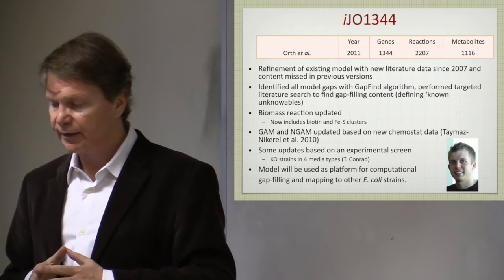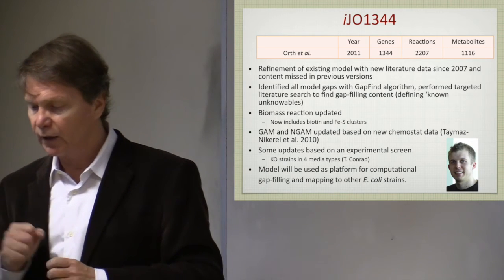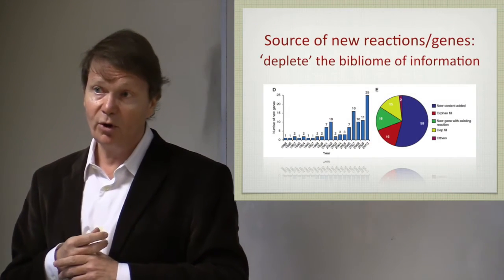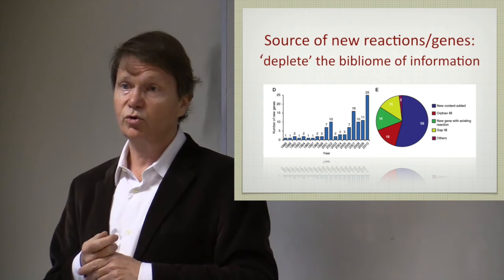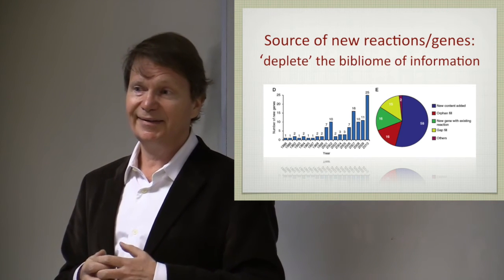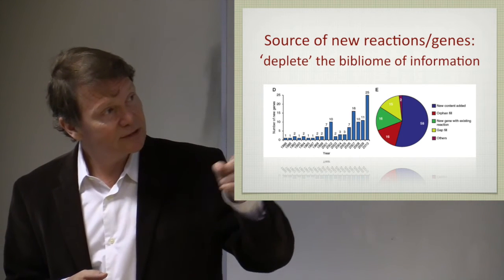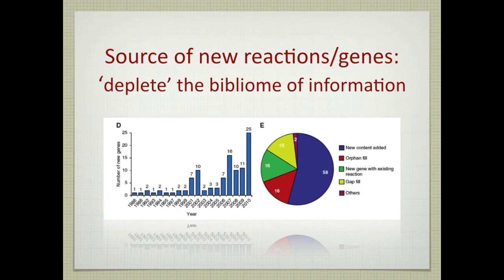So here is a snapshot of how the bibliome is growing over time. Of course, that grows much more slowly than high throughput data. This is the number of references accounted for in his model and Jeff's model compared to the Adam Feist model in 2007. So you see after 2007, there are maybe a dozen or two papers published every year that discover some new metabolic capability in E. coli.